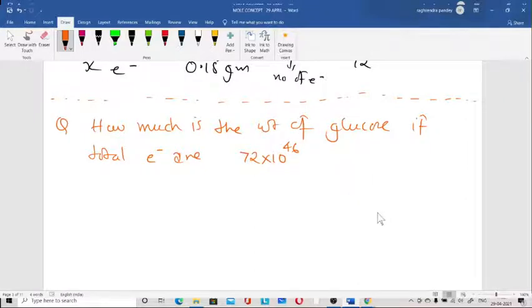Okay, is anybody getting the answer? 180 gram is your 96 into N naught, because 180 grams is the 1 mole glucose, not 1 glucose.